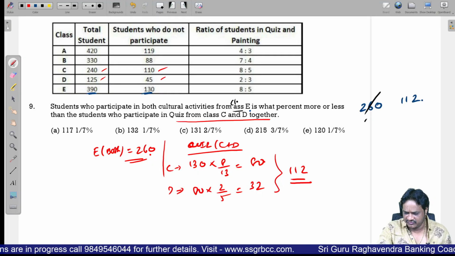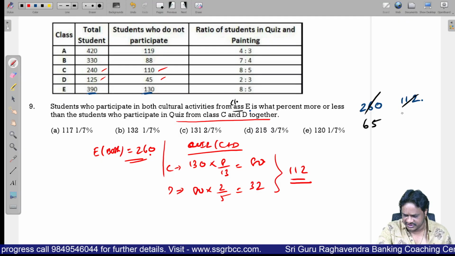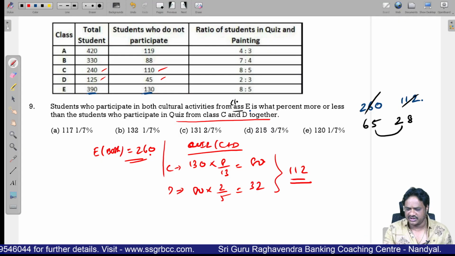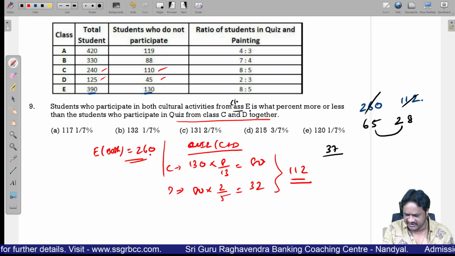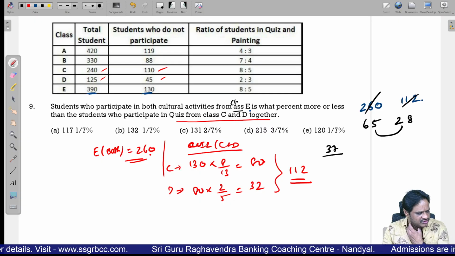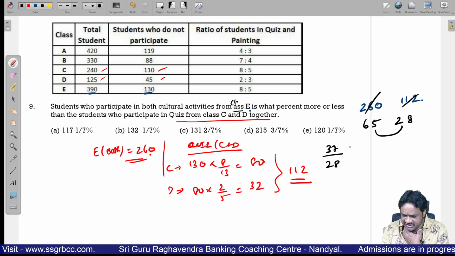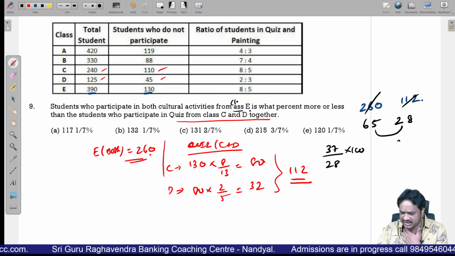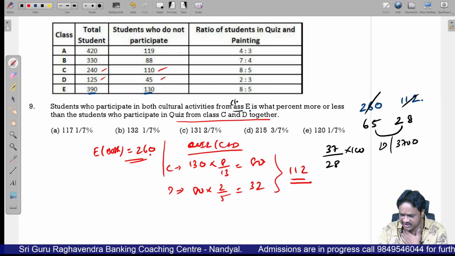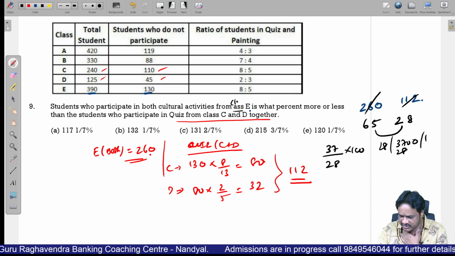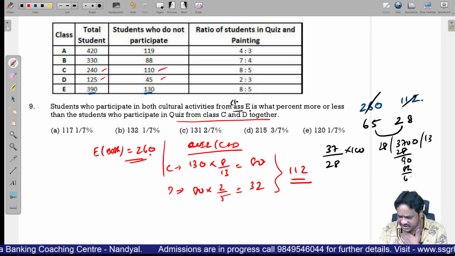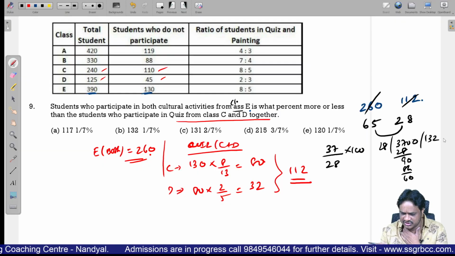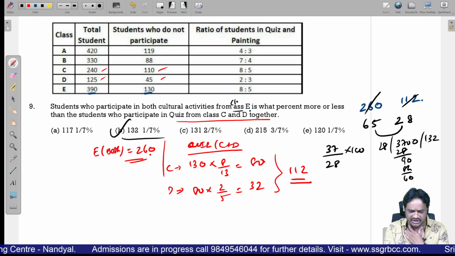Simplification. 4 6 24, 4 5s, 4 2s, 4 8. 65 is more than 28 by how much? 37. From where it is more? 28. So 37 by 28 into 100. So do that calculation. 3700 with 28. 28 ones, 28. 28 threes, 84. 28 twos. So we will get the answer as 132 1 by 7.